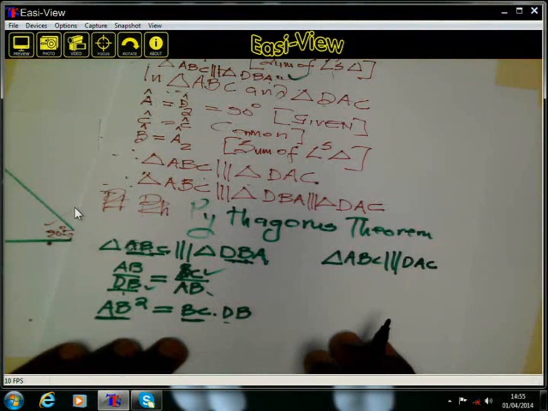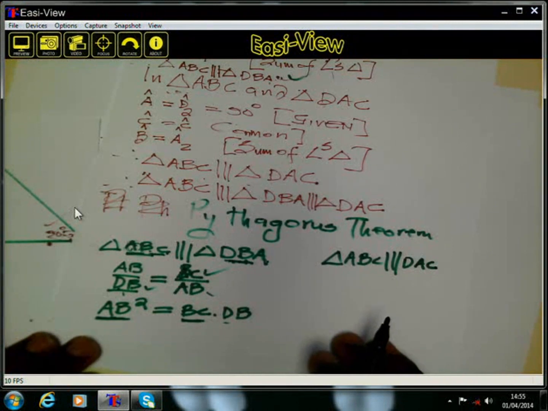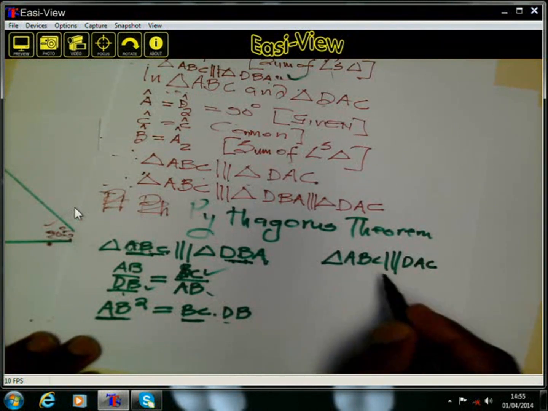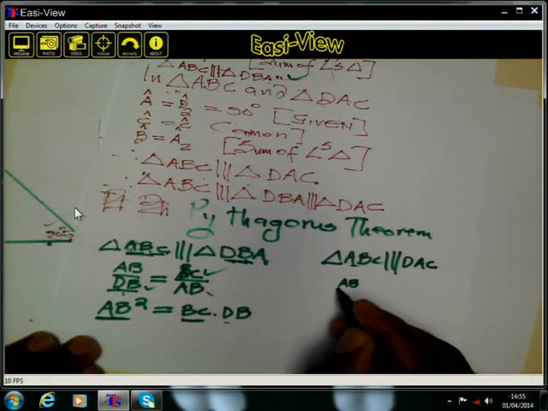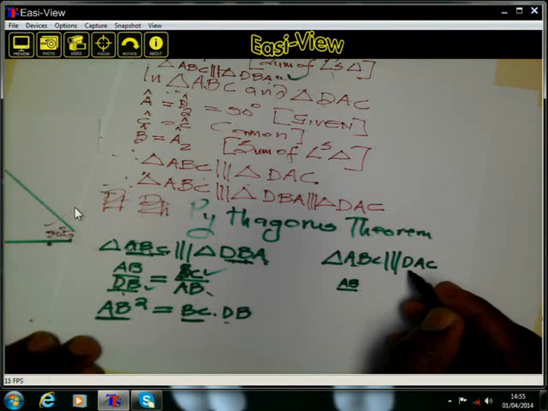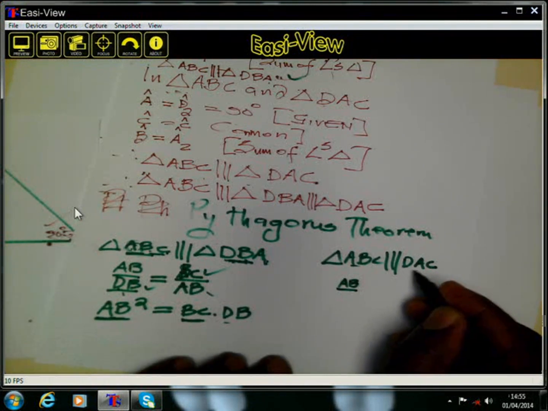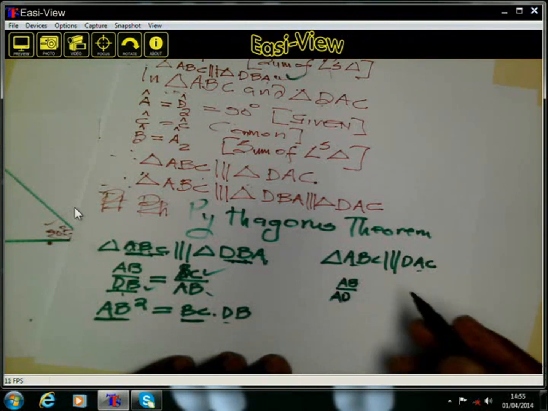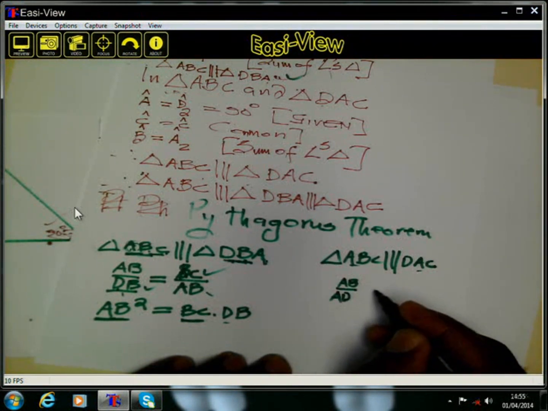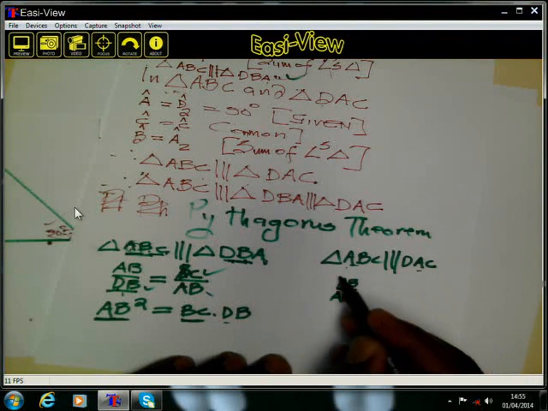Now in here, I am saying AB again. AB, that is this side, has to be over that side. It has to be over DA, because these are in proportion.